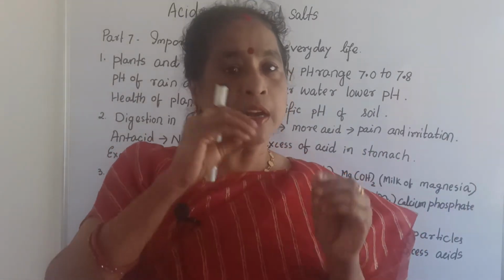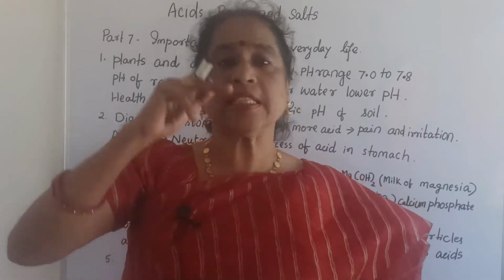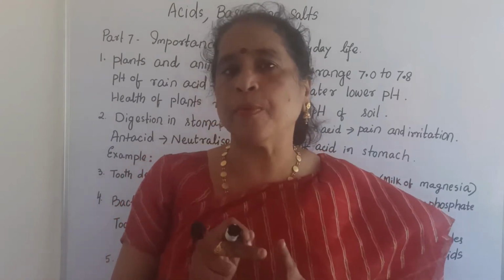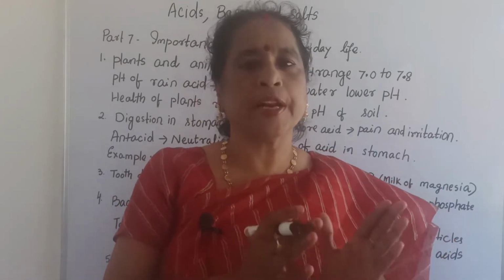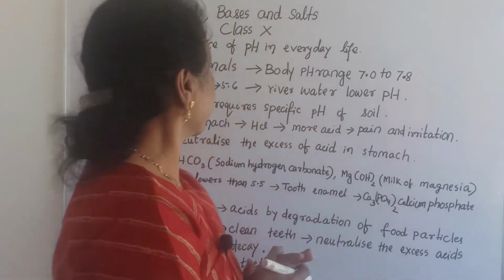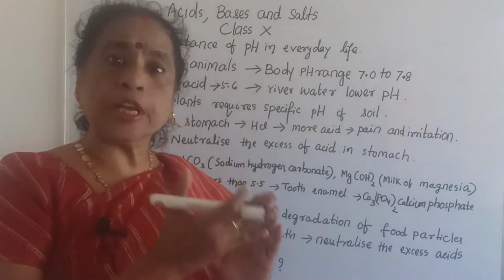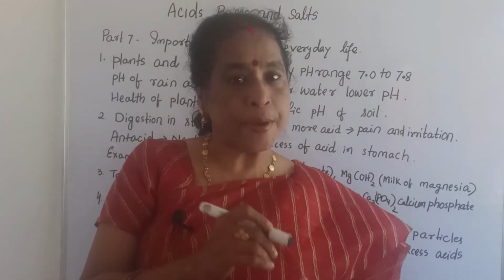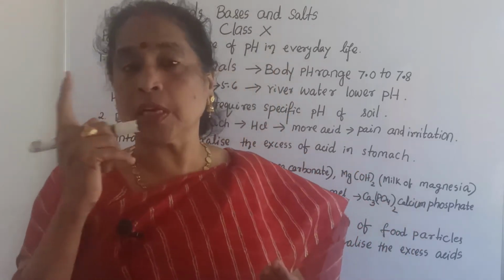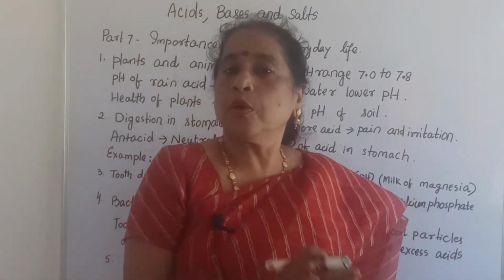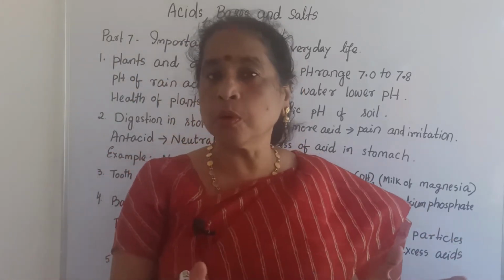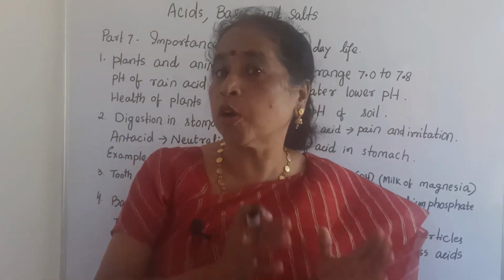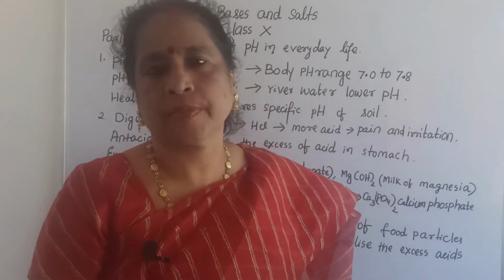That means chemical reactions will take place in our body only at pH 7 to 7.8. That is the most important factor for our body. Similarly, plants also require some specific pH, the pH of the soil. If the pH of the soil is not specific to that plant, then it will not grow better. That means the pH of soil should be checked for specific plants.